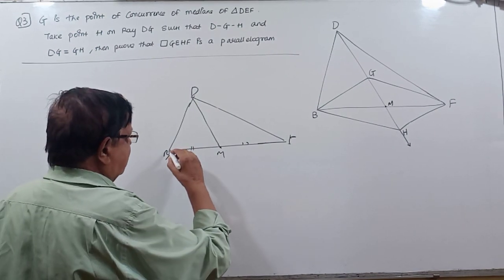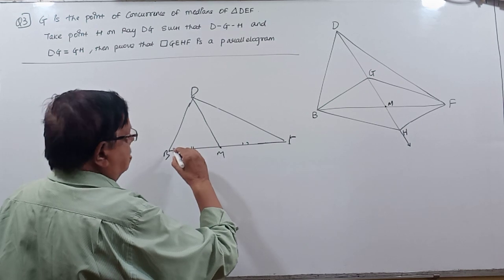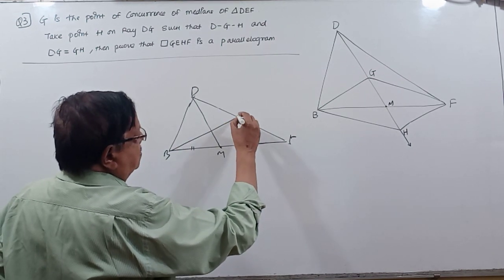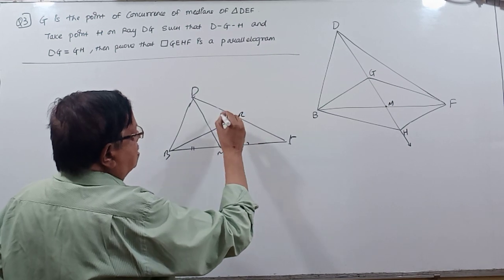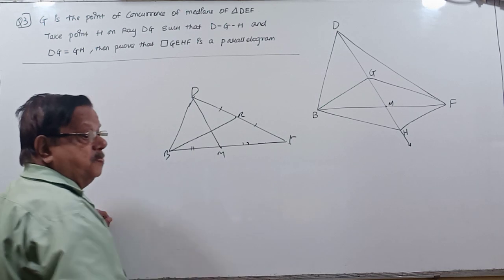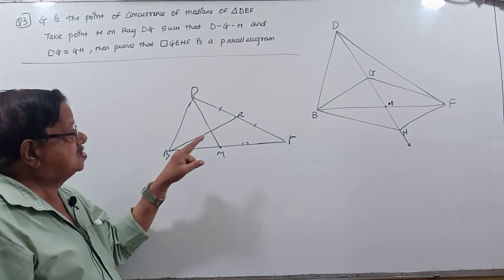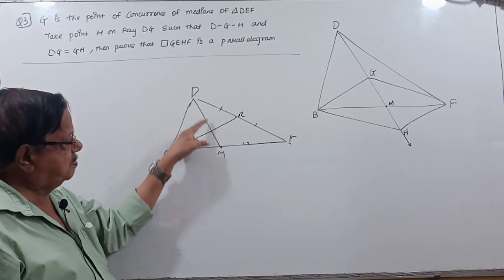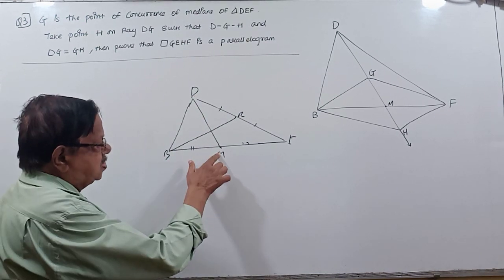Similarly, I can get a median here also for this triangle. This is congruent to this. This is another median. I have already said once, median means a line drawn from the vertex to the midpoint of the opposite side.